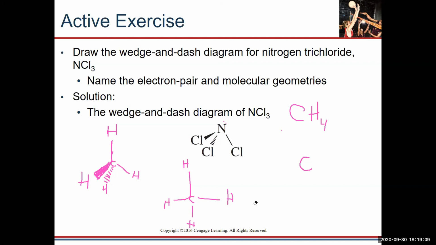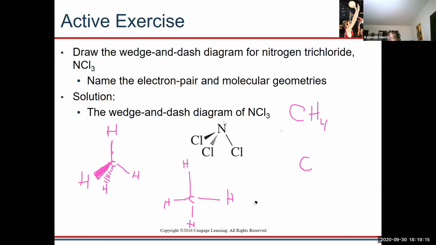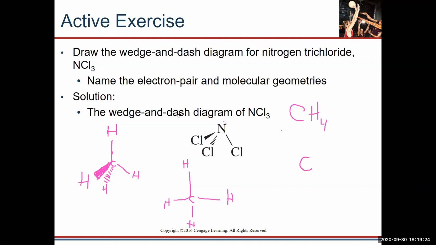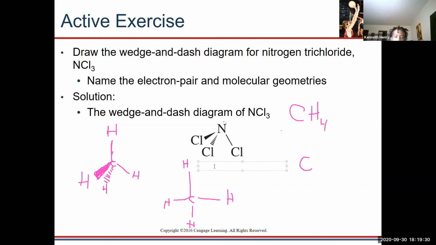Would it be tetrahedral? The molecular geometry, not the electron pair geometry. Trigonal pyramid? Is it angular bend? There we go, trigonal pyramidal. That's right. So this guy would be trigonal pyramidal.